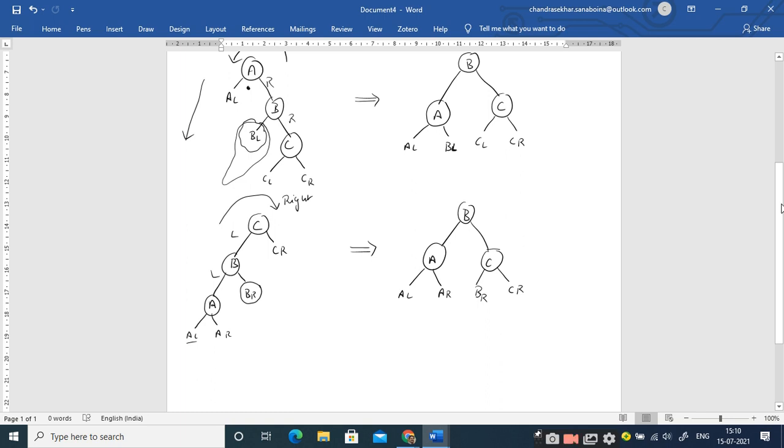But I am extending the example by taking the left and right subtrees of various nodes. In that case, if I perform the rotation, what happens? That is what I am showing here. You can take them as formulas also.